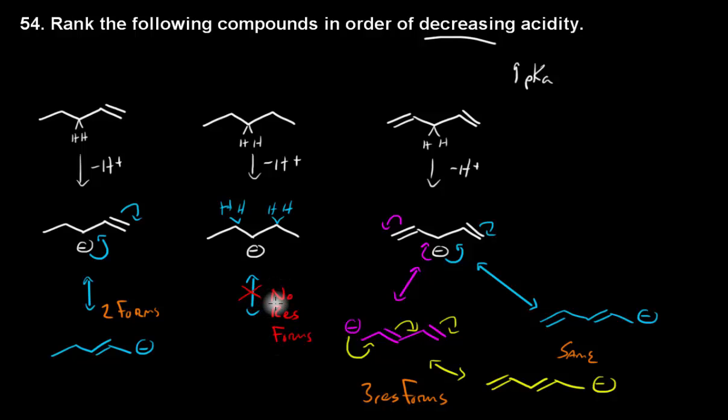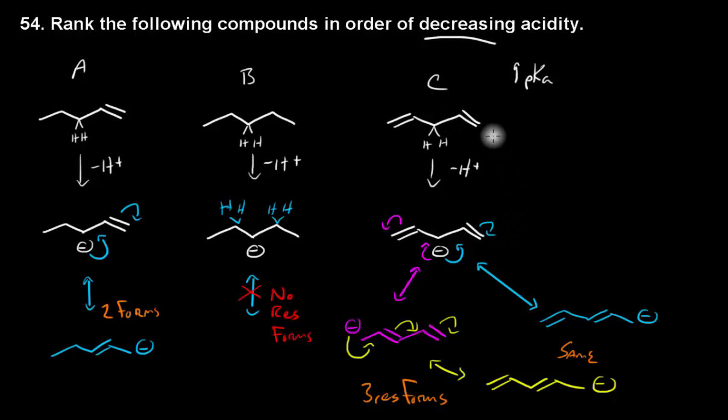The compound that's going to be the most acidic is going to be the compound that is the most stable as its conjugate base. And the most stable conjugate base is going to be the one that has the negative charge that's most dispersed. So of the three, let's label these guys A, B, and C. Compound C is going to be the most stable as its conjugate base, and so this is going to be the most acidic.